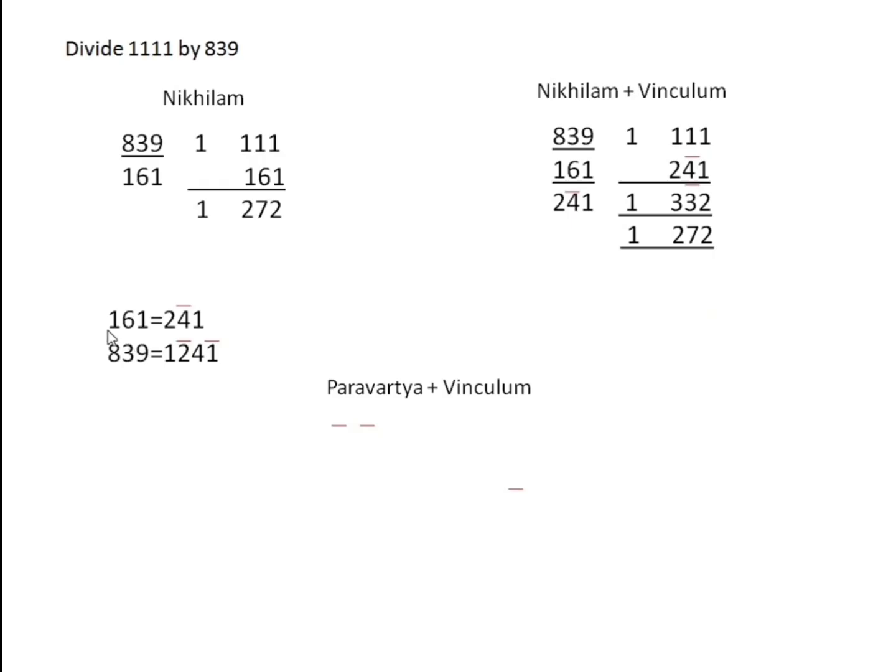And we have also tried writing 839 in terms of vinculum number. That is 1000 minus 200 plus 40 minus 1. And I have also told you when we take the divisor itself in vinculum number, we do the same as that algebraic equation.